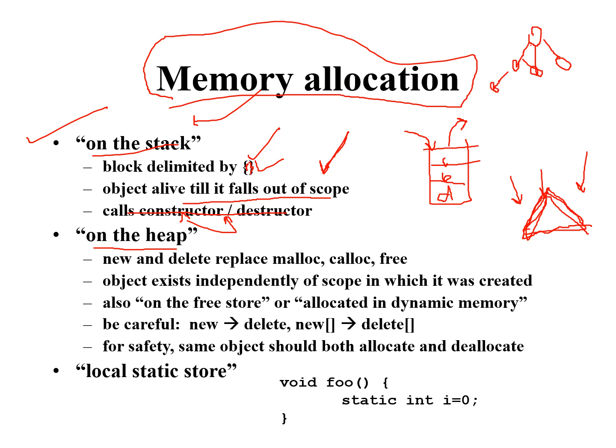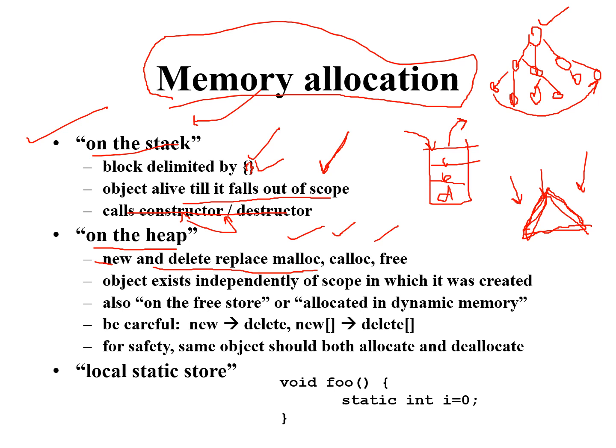So basically this is how a heap looks. How many components is a root node containing? This topmost node is known as the root node, and all the other nodes are known as leaf nodes. New and delete replace malloc, calloc, and free. These are the three functions which are replaced by new and delete.